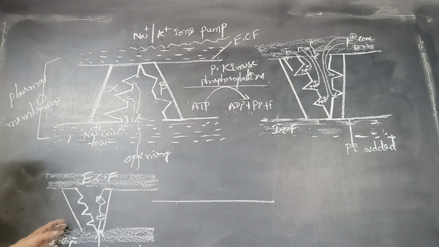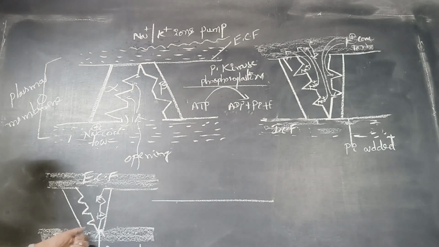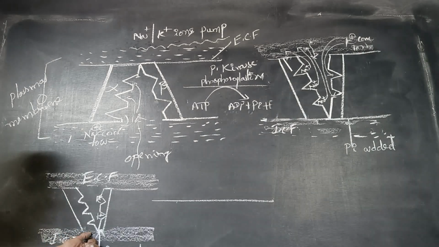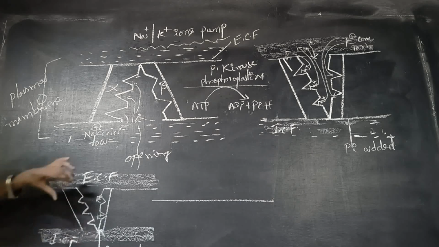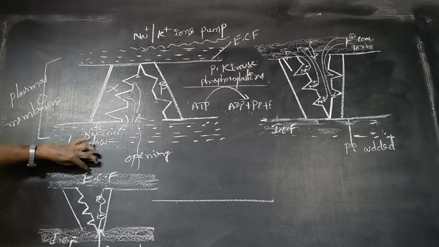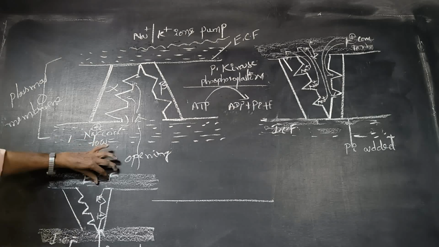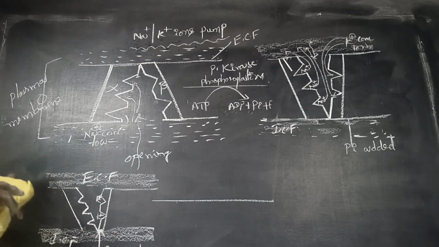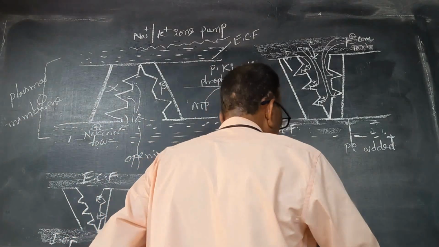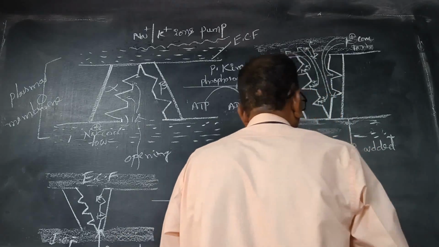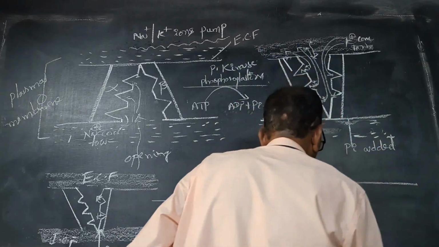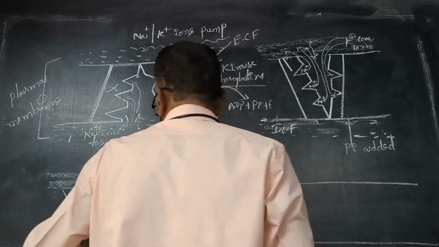So as a result, what happens? Once this Pi gets detached, then the closed end at the intracellular fluid region will get opened, and the opening that is present at the extracellular fluid region will get closed. So in the next diagram we have to draw like this. Reverse.